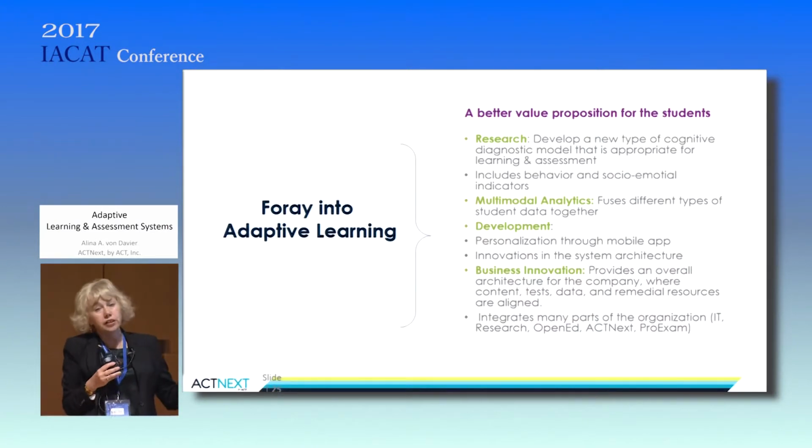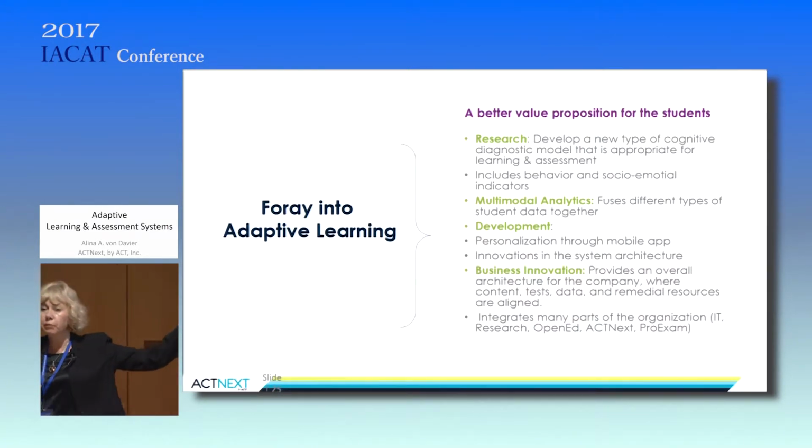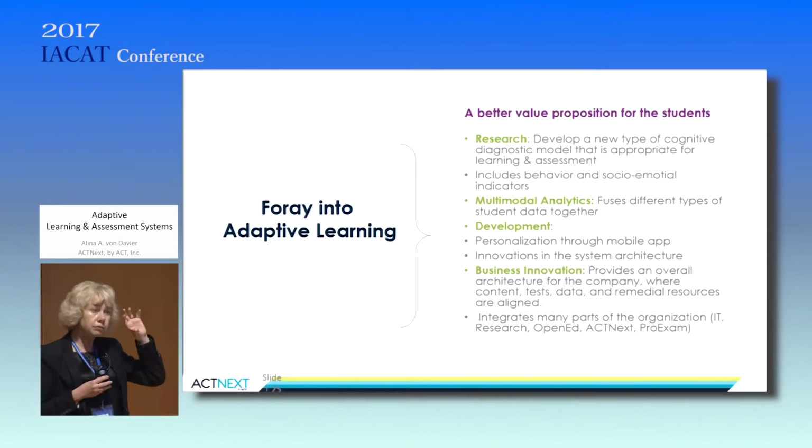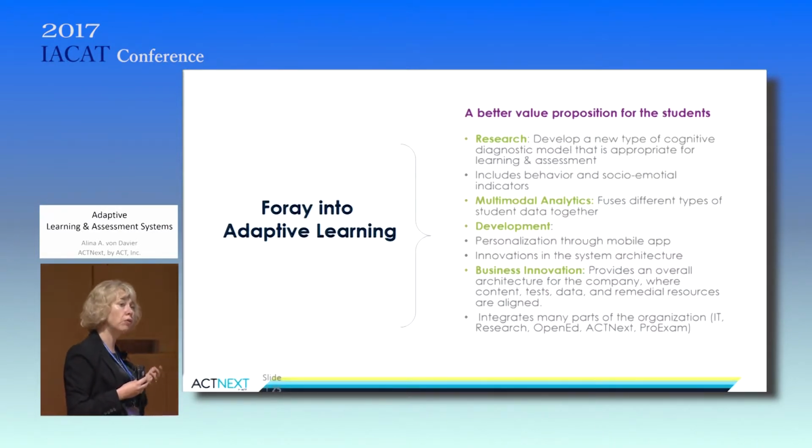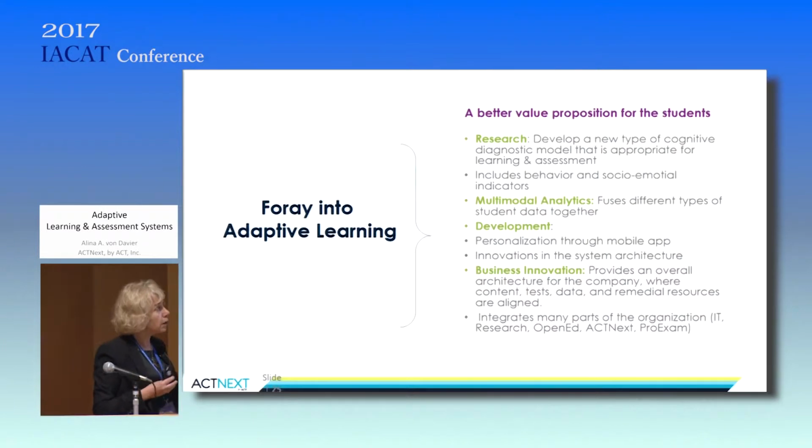In some other ways, my approach to adaptive learning here is pretty much let's use what we have in-house, because we have some capabilities that are really good. And let's think a bit differently about what adaptivity means.